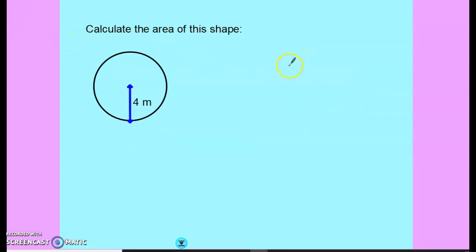Okay, we'll try one last one then. Area of the circle. Area of a circle is pi r squared. Here I'm given the radius because it goes from the centre to the edge. So my radius is 4 metres. So we're doing pi times 4 squared.